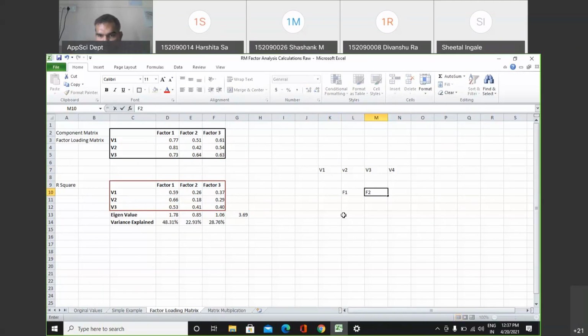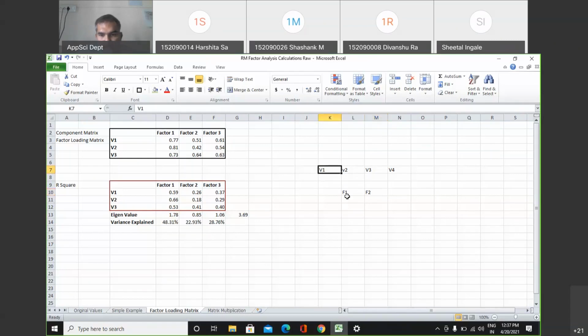In real life, these are the variables you will be able to see or measure, and factors you will not be able to directly measure. So these variables are called indicator variables, and these are called latent variables or latent factors, hidden factors.